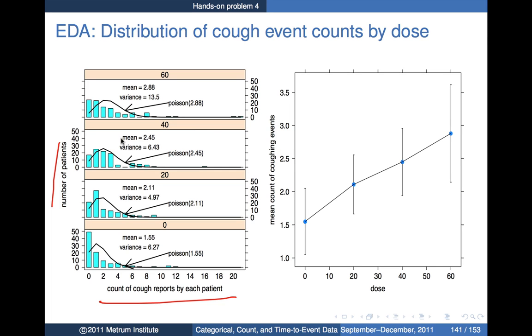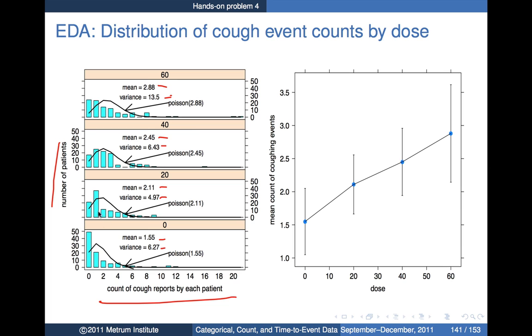But then as we go up here, we do seem to see some increase in cough incidence, and you can see I've overlaid the means as well as the variances. Though not as extreme as the seizure count case we're looking at, we do see in general that the variance is larger than the mean, with the variance being a bit more than twice the mean in all of these.